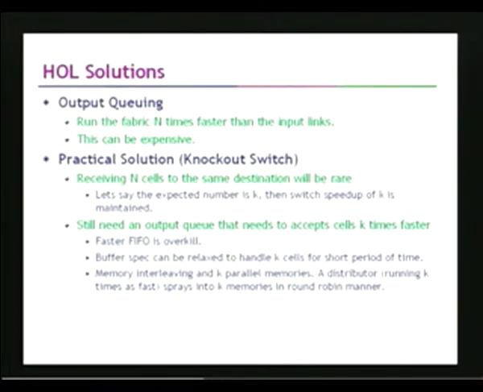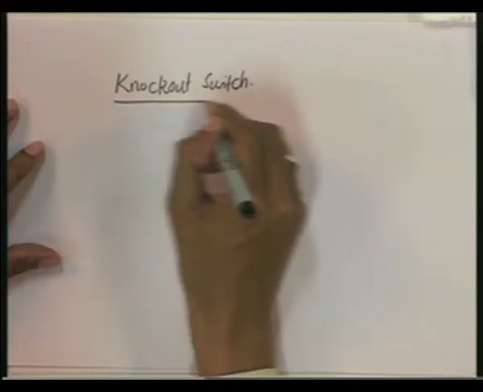Now, there is one practical solution that has been proposed in the literature to avoid this head of the line blocking, and that earliest approach is called the knockout switch. Okay.